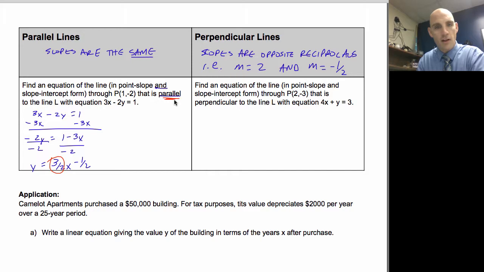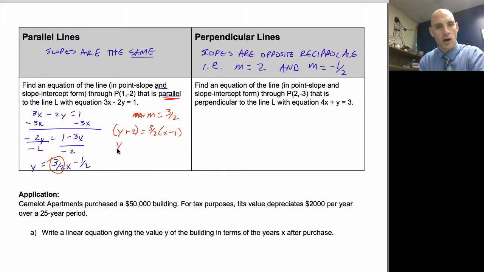And because I want parallel, my slope is going to be 3/2. So here we go. Use point slope form, because you have a point and you have the slope. So here we go. Y plus 2, because it's y minus a negative 2, equals 3/2 x minus 1.